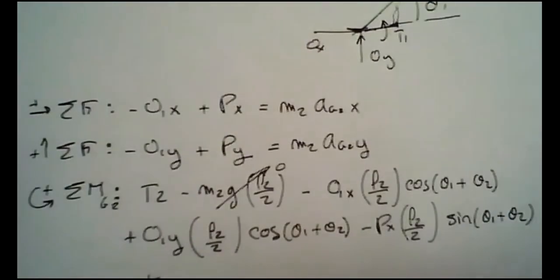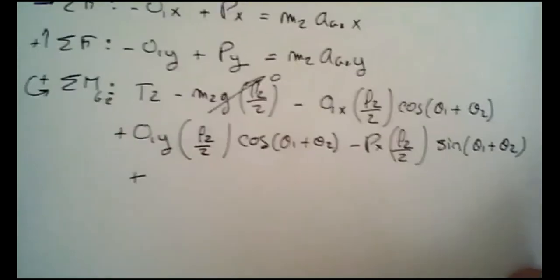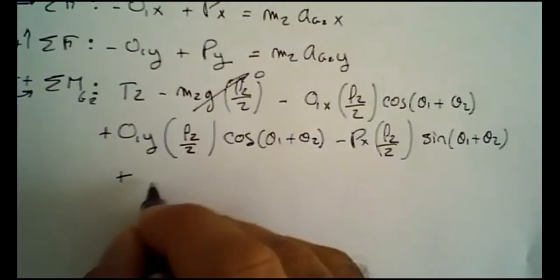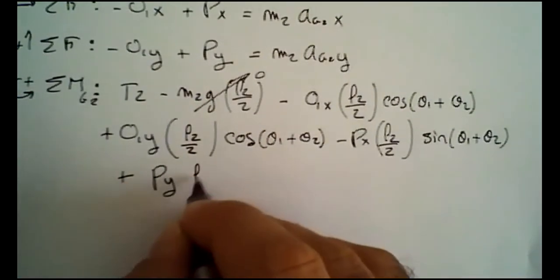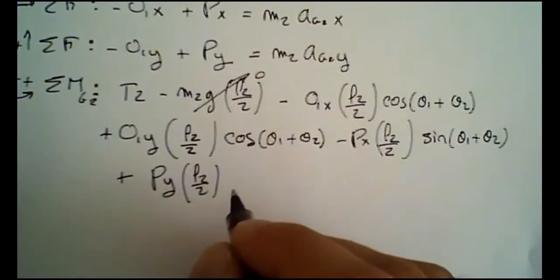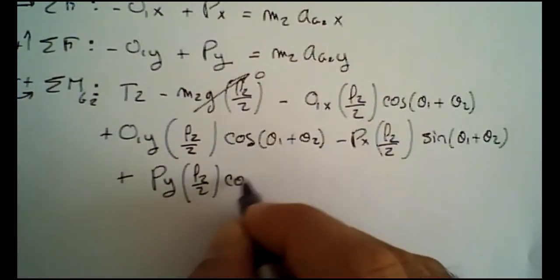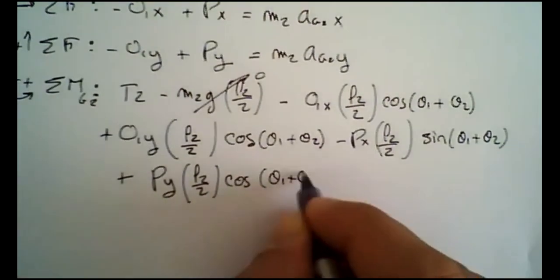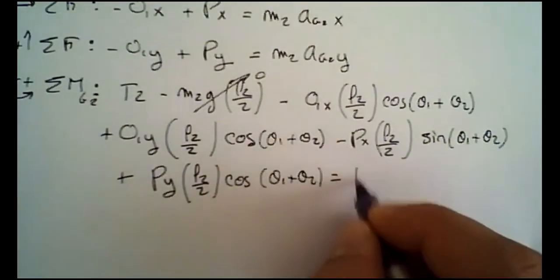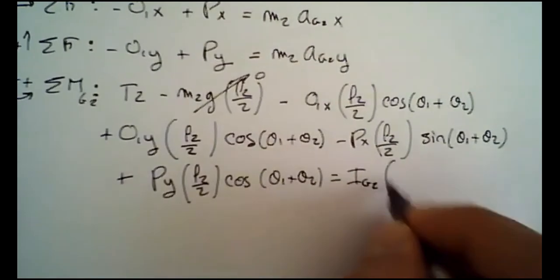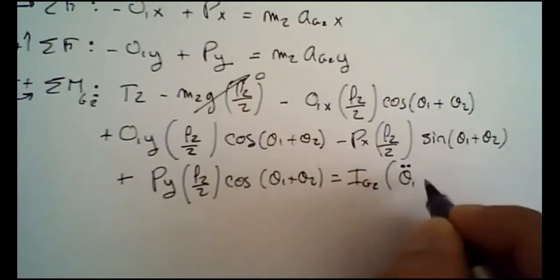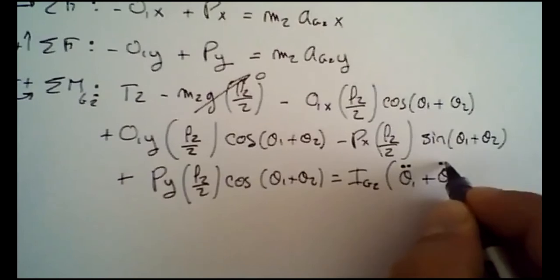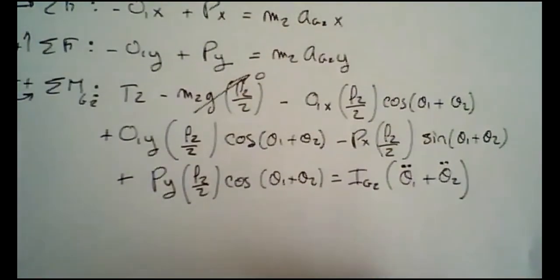Finally, we have Py, I'll just put it upward, plus Py L2 over 2 cosine theta 1 plus theta 2, and this whole thing is equal to IG2 alpha 2, which is theta 1 double dot plus theta 2 double dot. Okay, guys, so this is it regarding doing inverse dynamics.